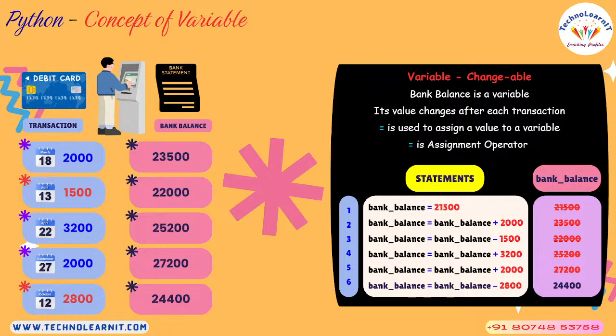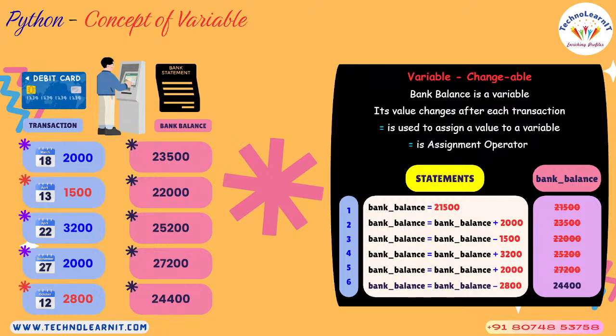That is why bank balance is a variable that you can see both on the left hand side of the assignment operator as well as the right hand side of the assignment operator in all these examples. The only difference would be the type of operation that you perform. Instead of addition, you will be performing subtraction in case of the transaction being debit.